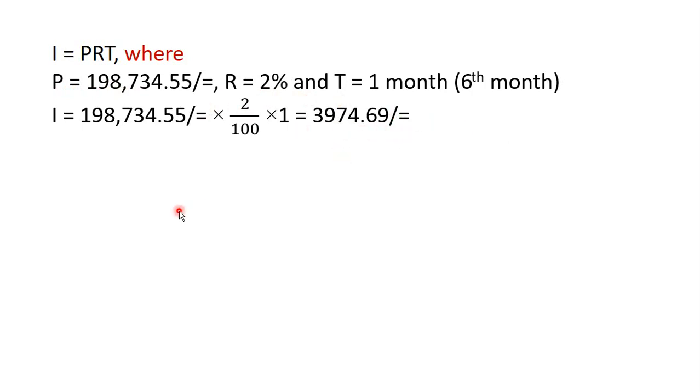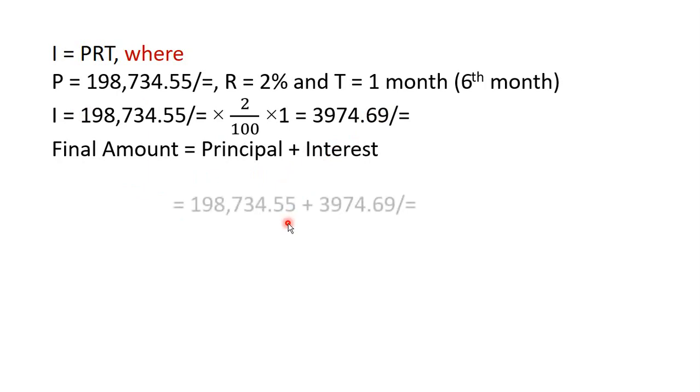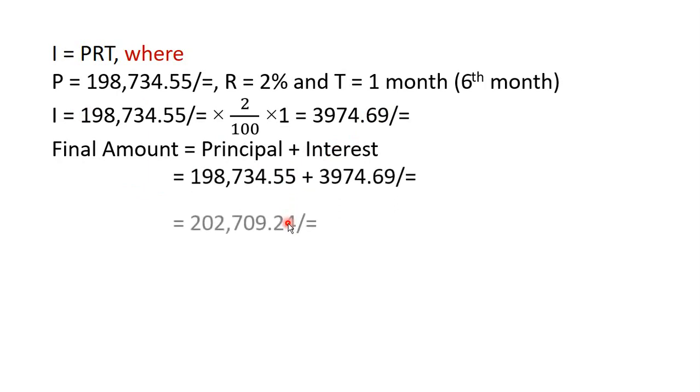If we wanted the interest, we'd add all the interest for all the months. But now we want the final amount, so we shall just get this plus this, and that will give us 202,709.24 shillings.